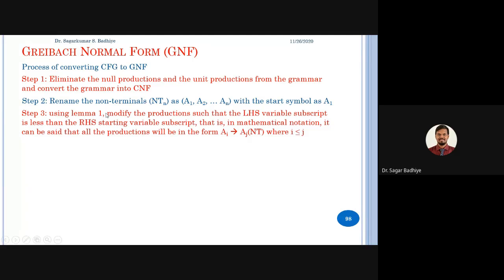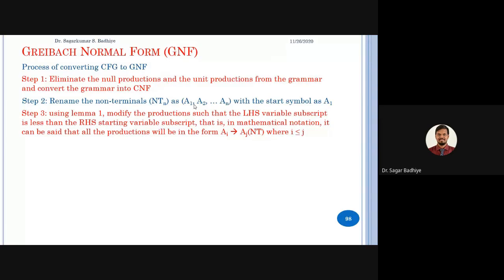Then the next step is where we would be learning two lemmas, that is two properties, to be applied to the production rules so as to convert them to GNF. So in step 3, we would be applying lemma 1. What lemma 1 is we'll see, but first, when it is to be applied: we have renamed these non-terminals, so you will get the production rules in terms of A1, A2, and so on.